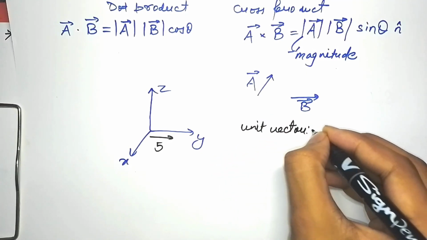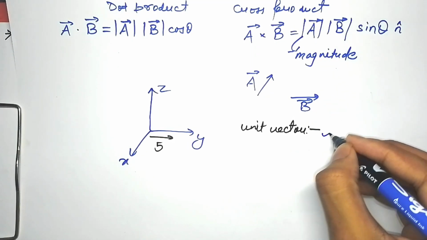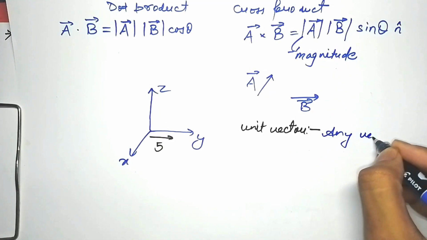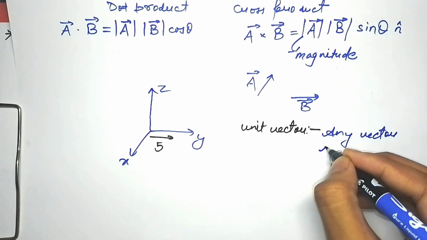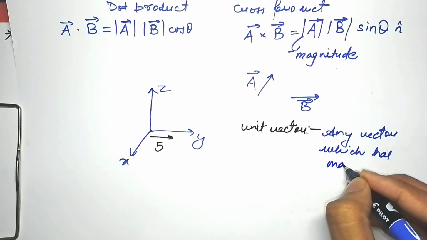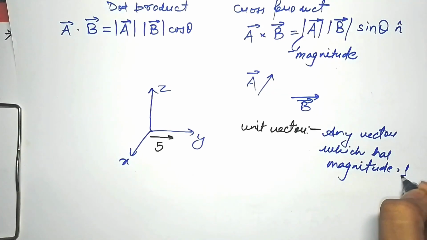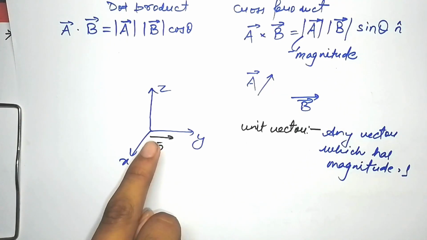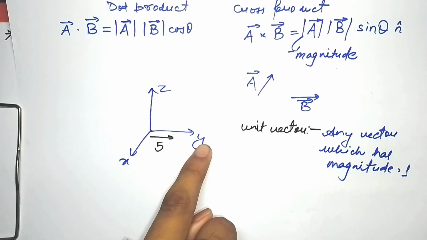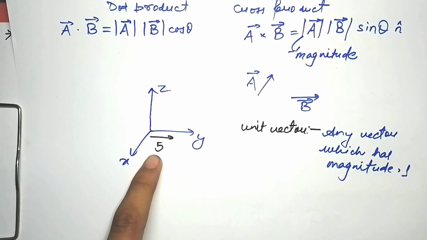A unit vector is any vector which has magnitude 1. So now, if somehow I know what the unit vector in the direction of y is, then I could say that 5 times the unit vector will represent 5 units along the y coordinate.